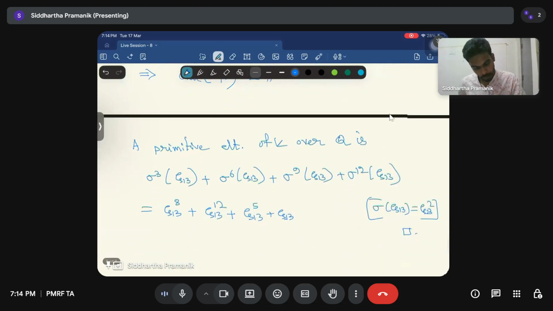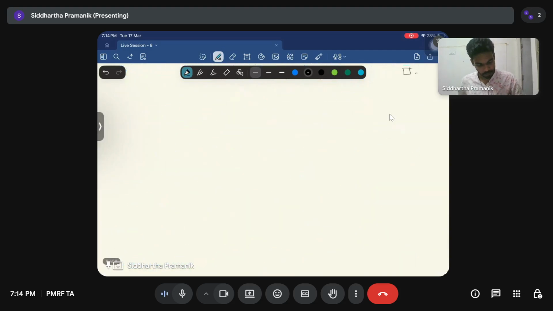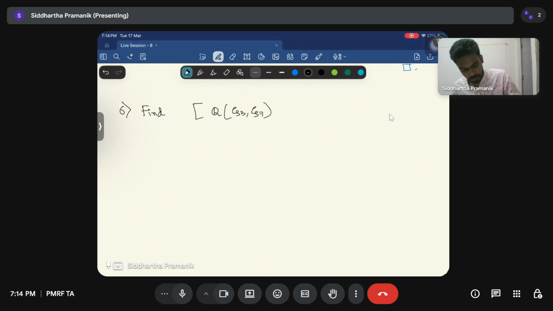Okay, maybe now we can do one easier one. Problem number 6. Find the degree of the extension Q adjoin zeta 3 comma zeta 7 over Q adjoin zeta 3.